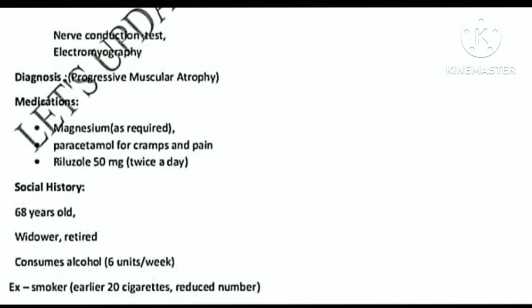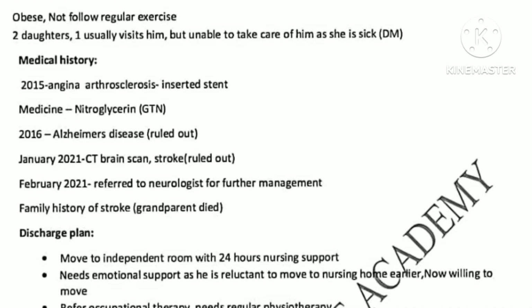Social history: he is a widower and retired, consumes alcohol 6 units per week, ex-smoker, earlier 20 cigarettes, reduced number. So it's already ex-smoker, so even though it's not mentioned, it's okay. Next, it is mentioned he is obese, not following regular exercise, has two daughters, one usually visits him but is unable to take care of him as she is sick, she is diabetic.